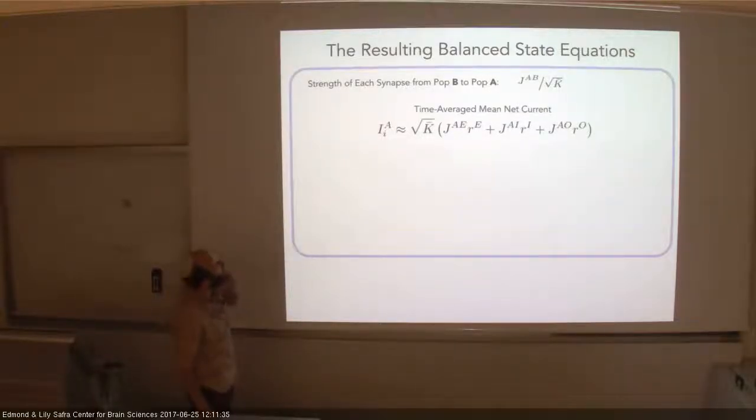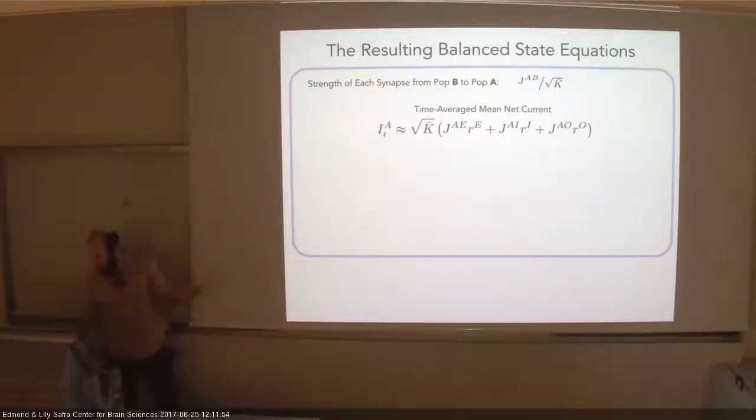And then the sum, and here R_E, R_I, and R_O are the mean firing rates of the excitatory, inhibitory, and an external population, which we just model as a constant external population. Right, so this is what I wrote as H external. So that's the net input effectively onto every single neuron in the network.